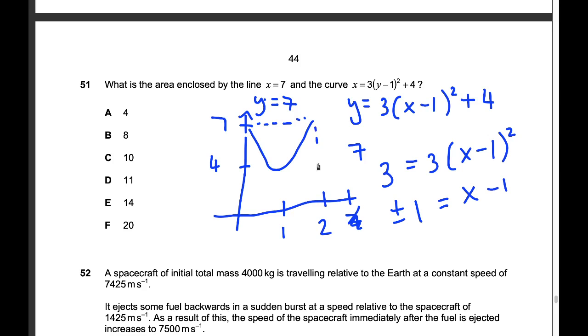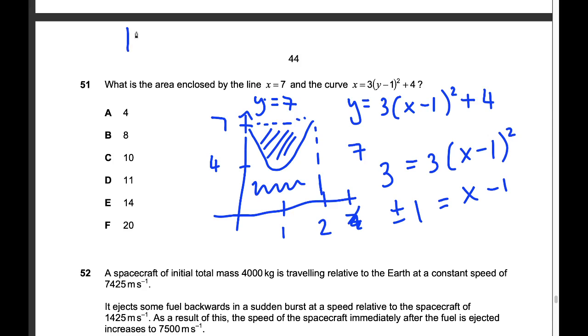Okay, so we're looking for this area under the curve here. Actually, no, we're not looking for the area under the curve. Well, we're going to need it, but we need this area. It's in between y equals 7 and the curve. So it's the bit at the top there. If we work out this bit, we can take it away from a rectangle with an area of 7 times 2, which is 14.